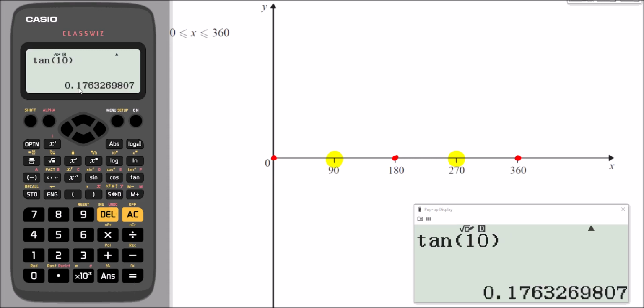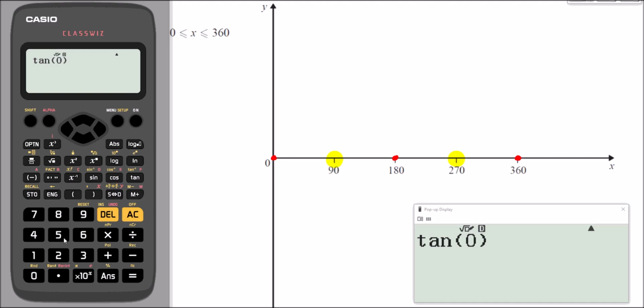Pretty small, 0.176. Tan 20, 0.4-ish, it's getting bigger. Tan 30, 0.6-ish, so it's getting bigger still. Tan 40, 0.8, so it's almost doubled.